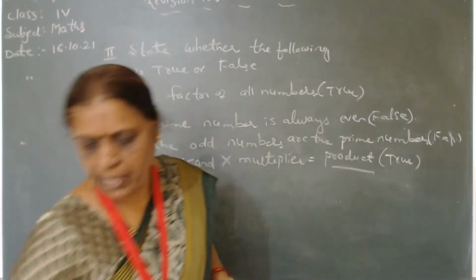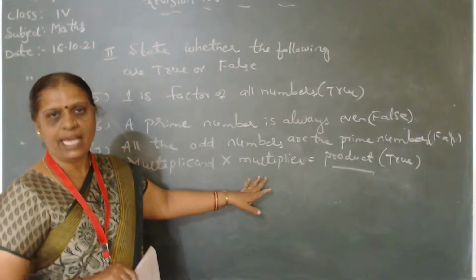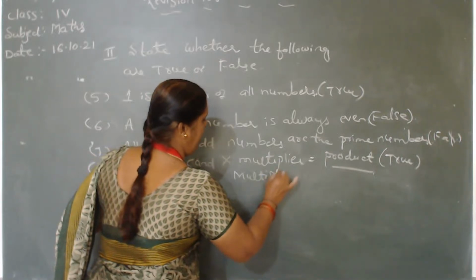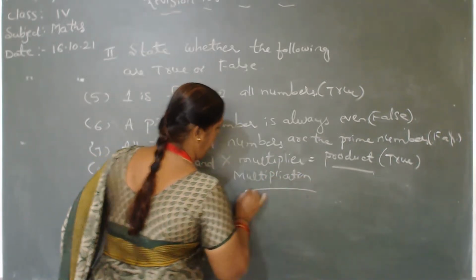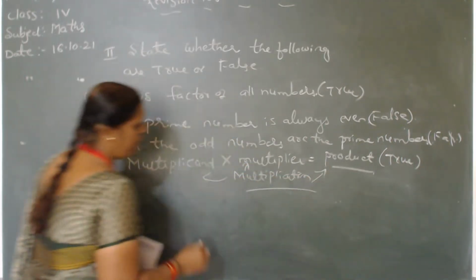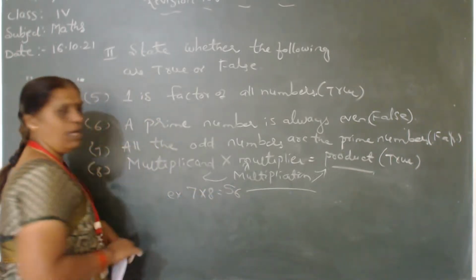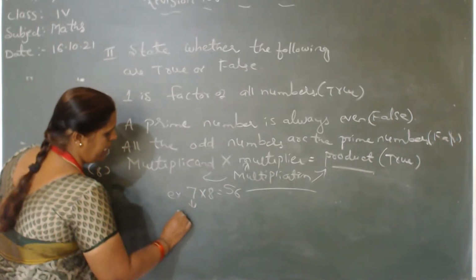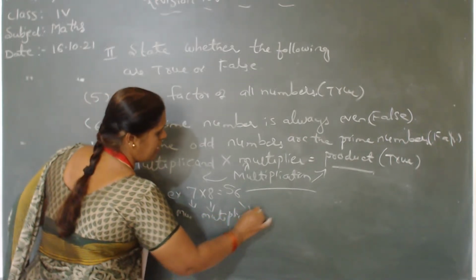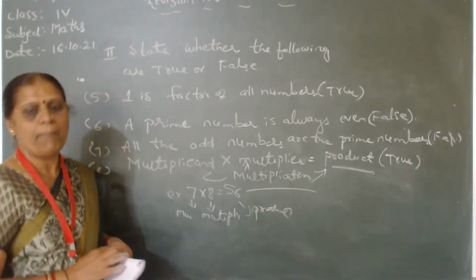These are the terms we use in multiplication: multiplicand, multiplier and product. For example, 7 8s are 56. In this, this is the multiplicand, this is the multiplier, and this is the product. The answer is the product.